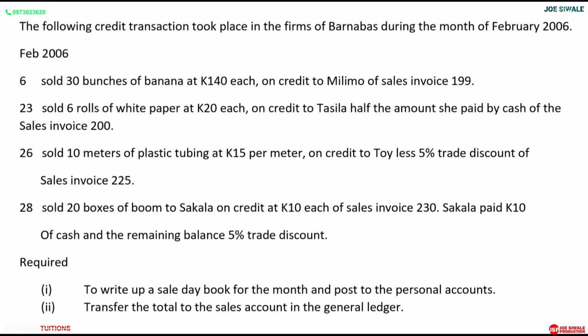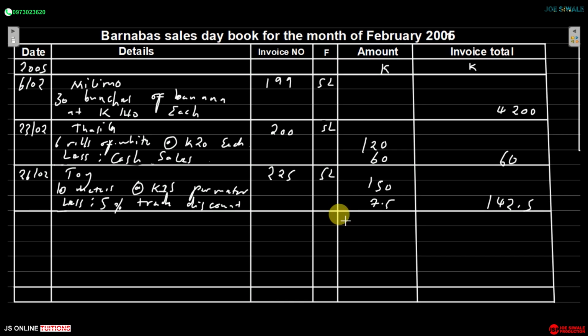So to find the total amount that's going to go to the invoice total, we're going to say 190 minus 9.5. In the answer we're going to have 180.5.